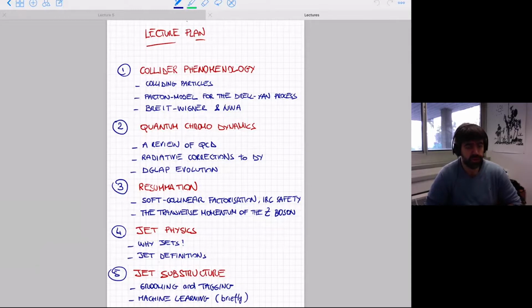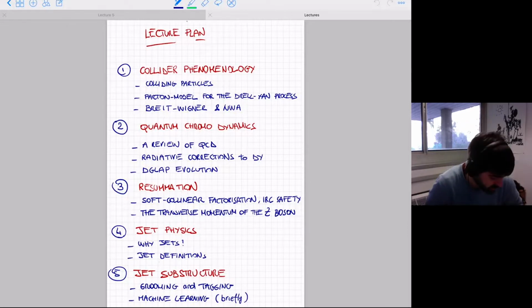The calculation develops large logarithmic corrections, so we want to resum them to all orders. And so we introduced these resummation techniques that allow us to account to all perturbative orders, although in a limited kinematic regime, these contributions.